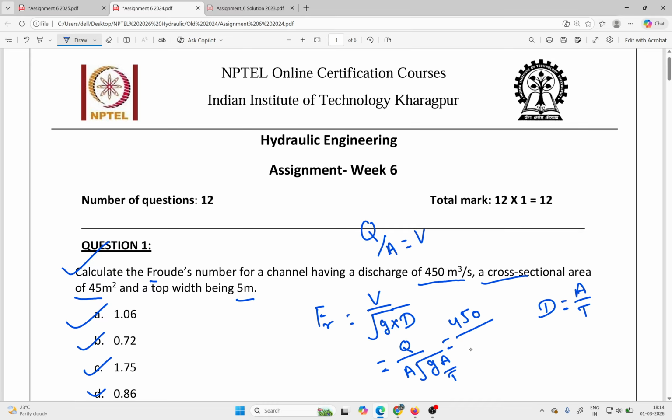So A is 45, g is 9.81 into 45 divided by 5.